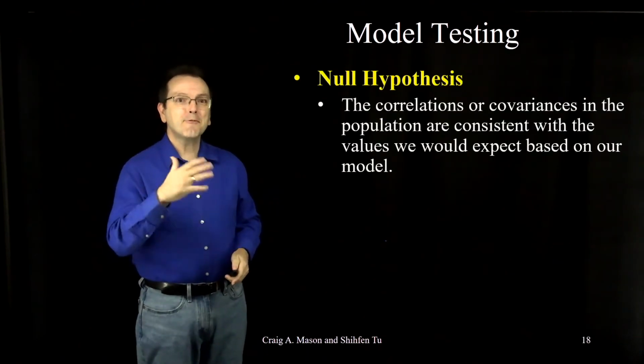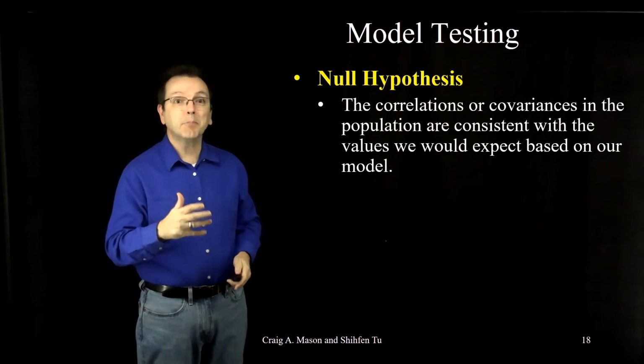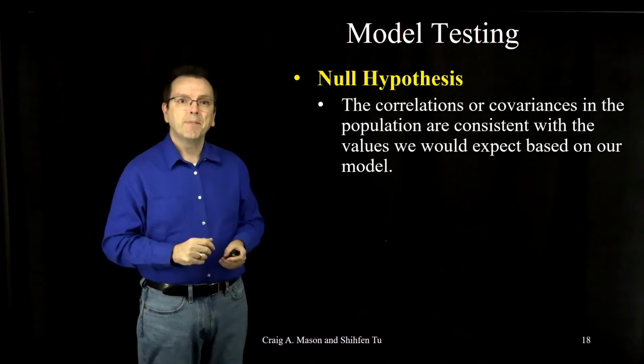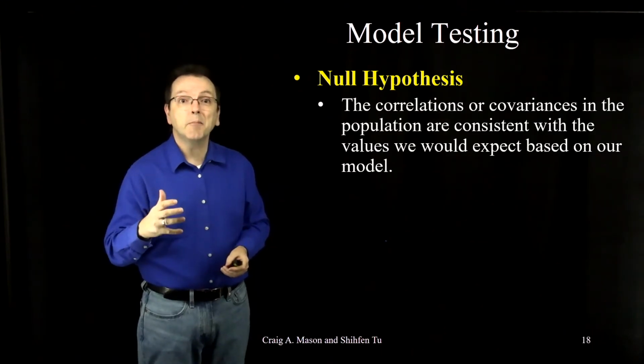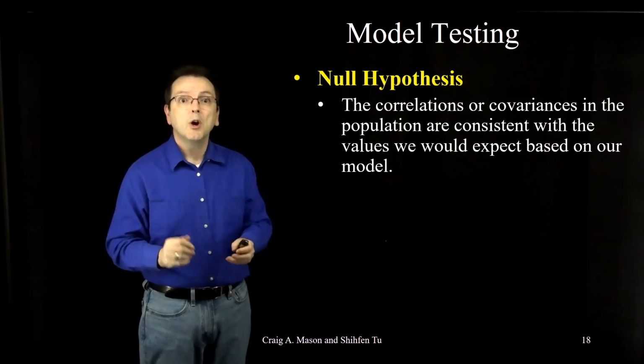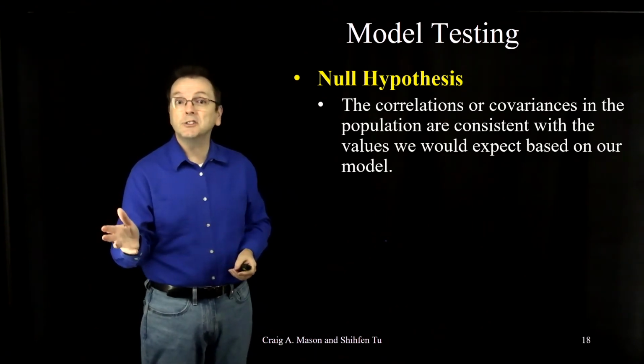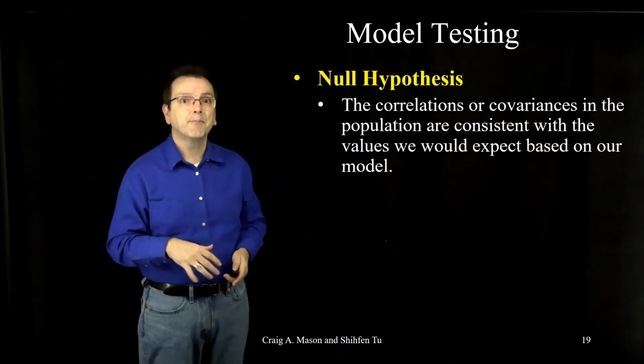We're just framing our hypotheses, both the null and alternative, a little differently. Instead of expected number of people in groups, we're looking at expected values for correlations and covariances.